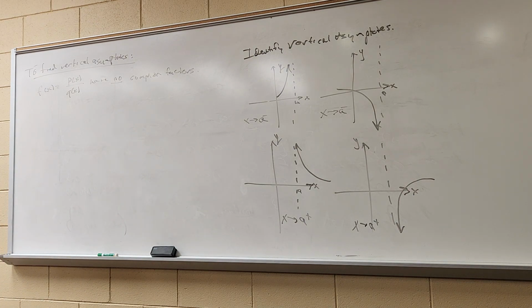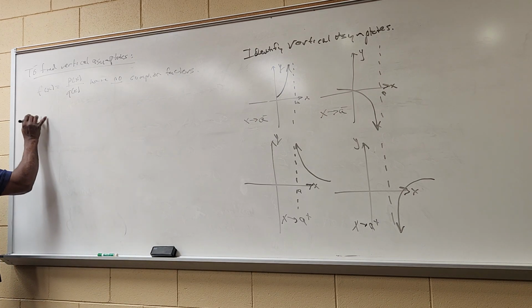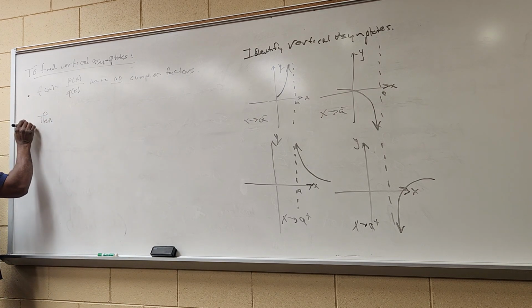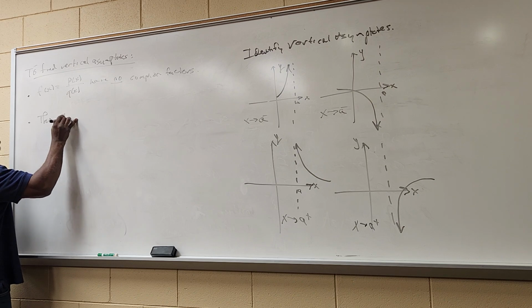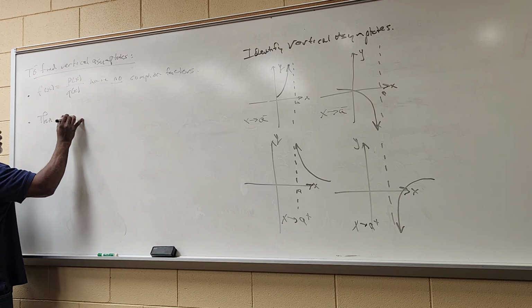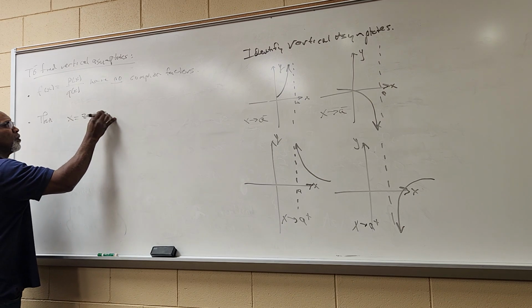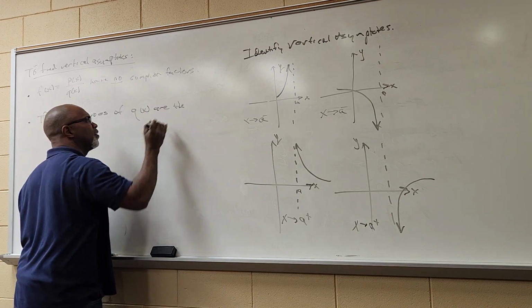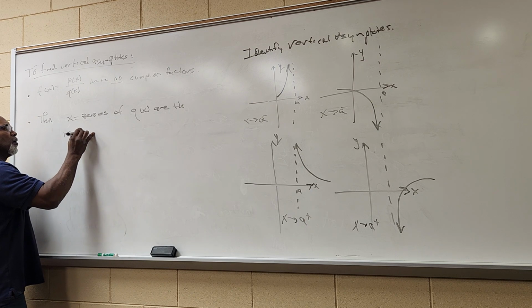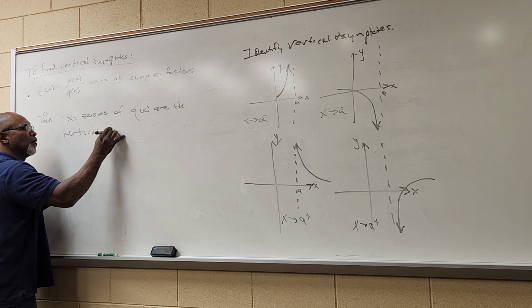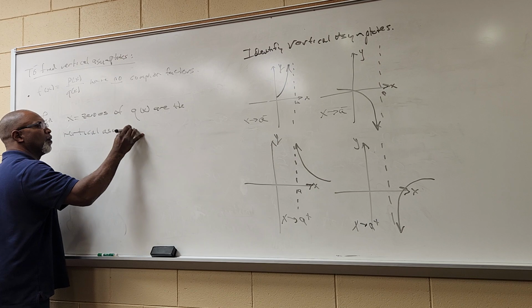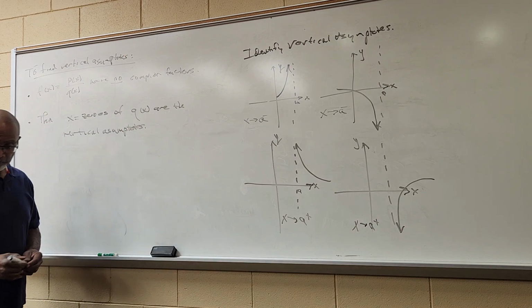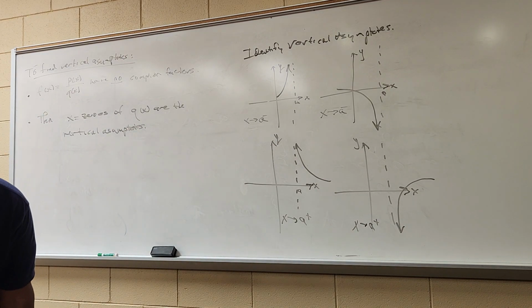If they don't, then x equals the zeros of q of x are the vertical asymptotes. The zeros of that denominator, the function in the bottom, would be my vertical asymptotes.